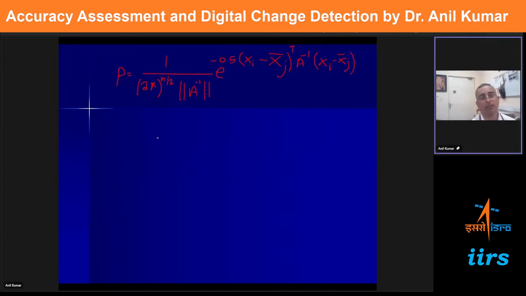So this is the formula where we can get the probability. I will explain all these parameters.